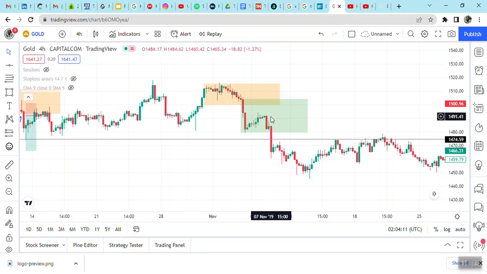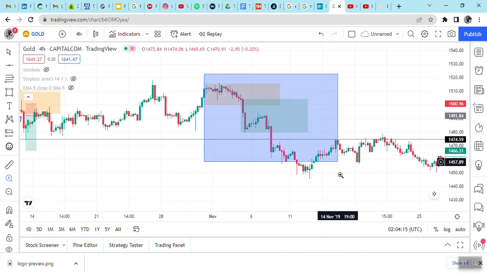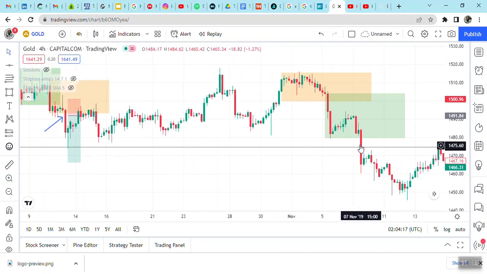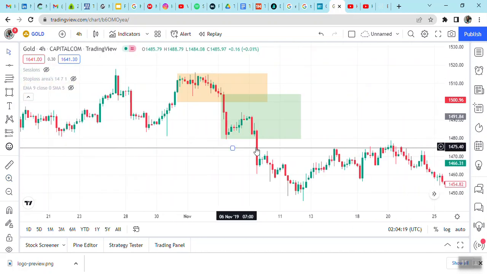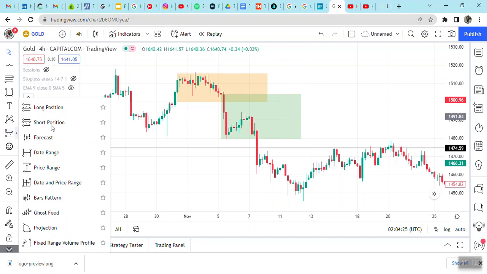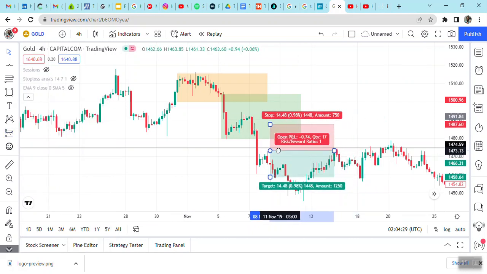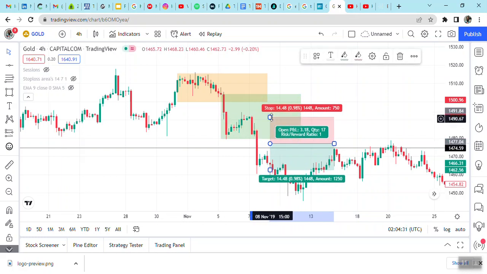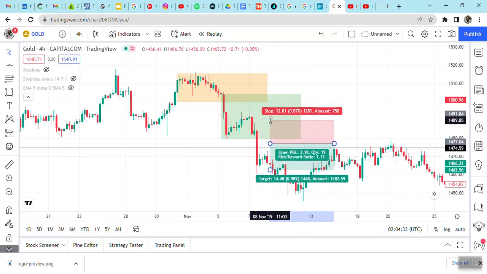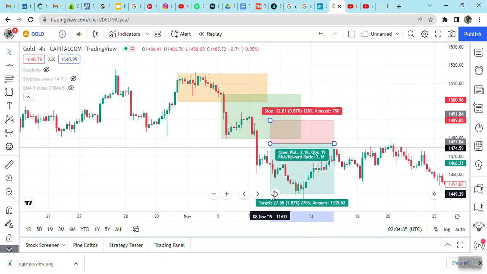So what you want to do is set your entry somewhere at this point. Then let me do that for a proper setup. You want to put your entry somewhere here, and your stop loss somewhere here, then your targets here.